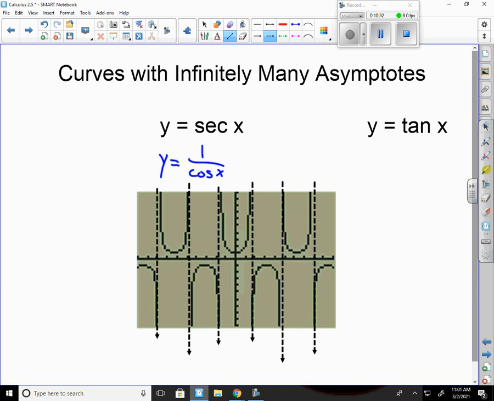So it's a lot of different asymptotes to try and track. And we don't even have all of them on our screen. If I continued all the way to the right or all the way to the left, it would just keep going forever. So it's important to realize that the vertical asymptotes are multiples of pi over 2.